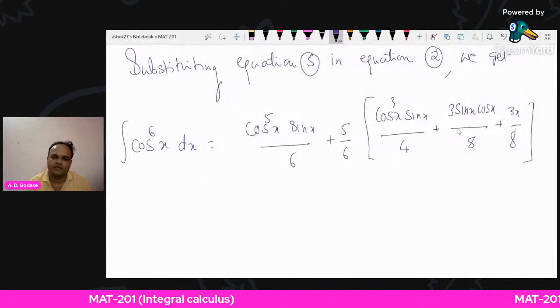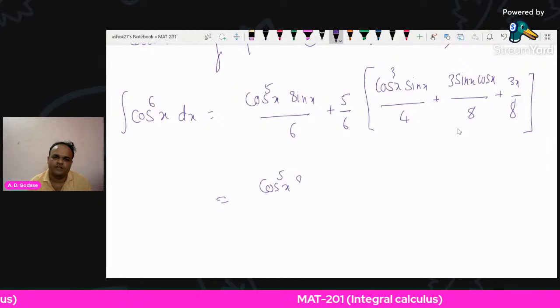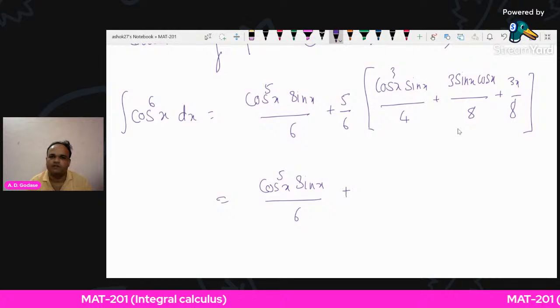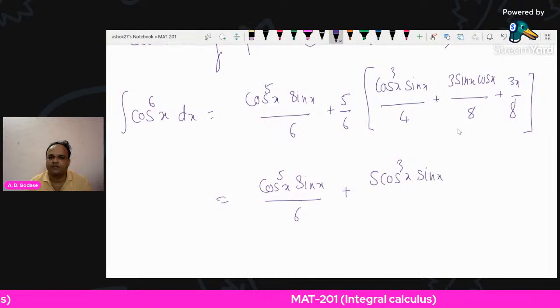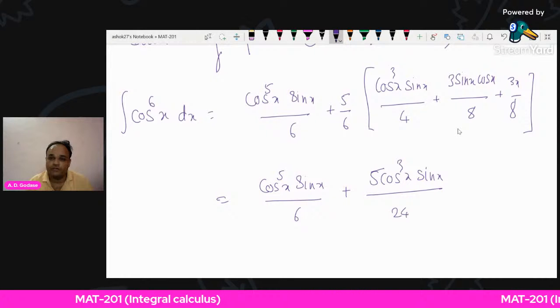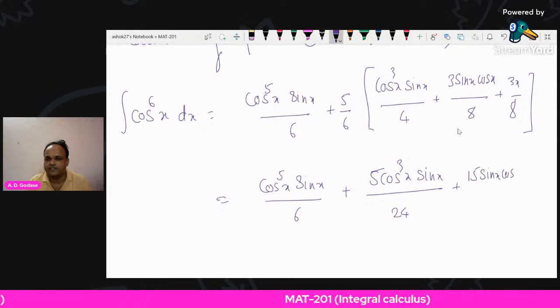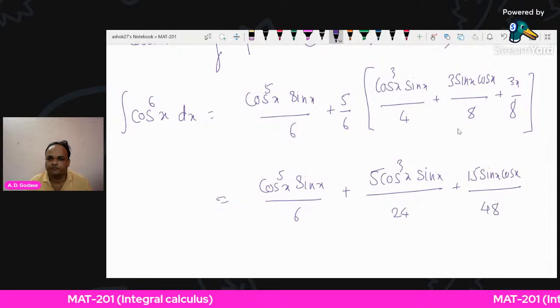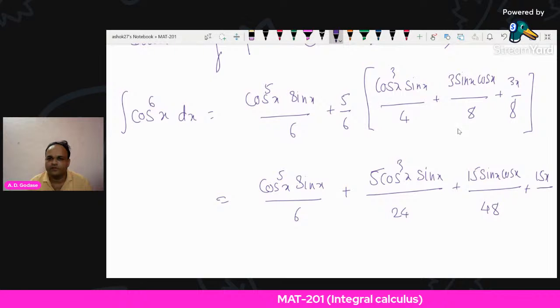So you can simplify it. It will be cos raised to 5x into sin x whole divided by 6 plus 5 cos cube x into sin x divided by 24 plus 15 sin x into cos x whole divided by 48 plus 15x divided by 48.